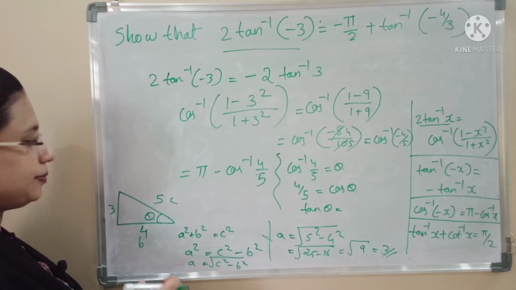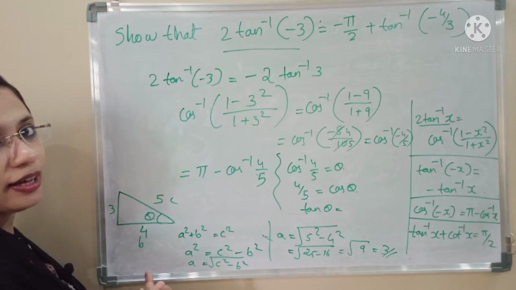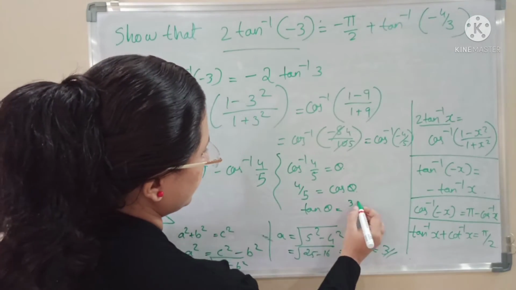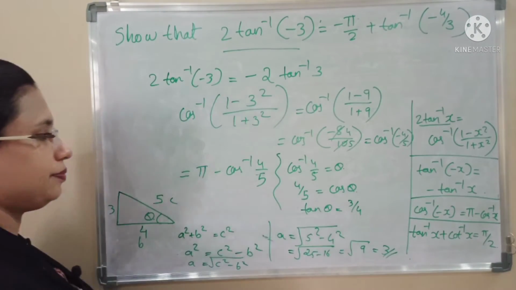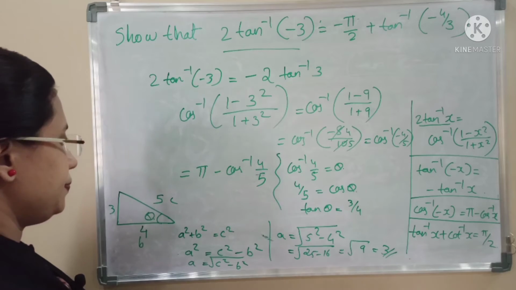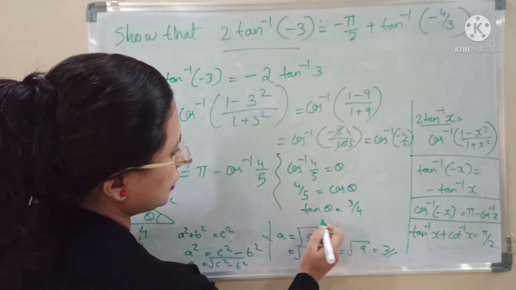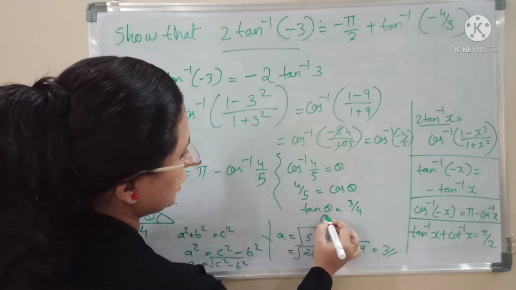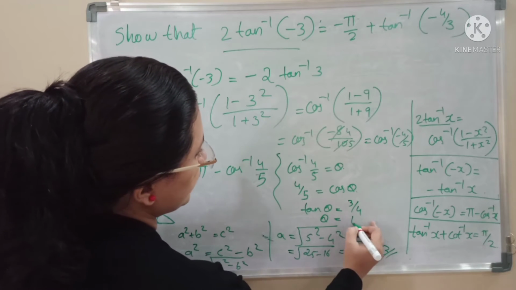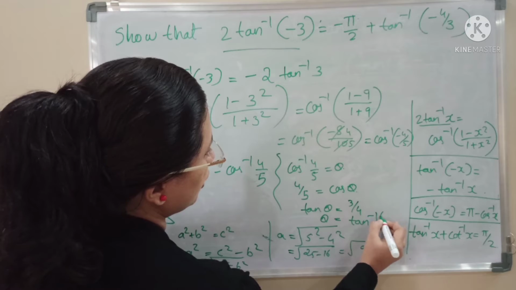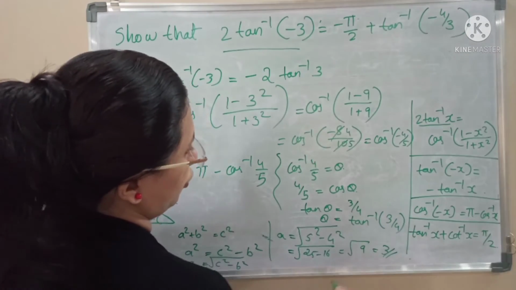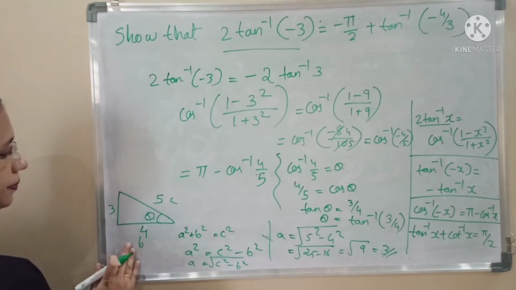Tan theta is opposite side by adjacent side, that is 3/4. Clear? So that is our tan theta. Now theta will be tan inverse of 3/4.